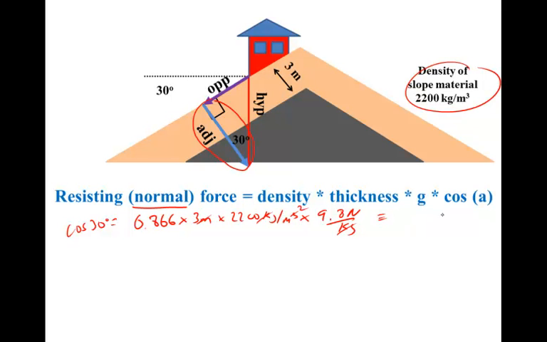The resulting answer is a stress, units of newtons per square meter, 0.866 times 3 times 2,200 times 9.8, 56,014 newtons per square meter. That's cosine of 30 degrees times 3 times 2,200 times 9.8.